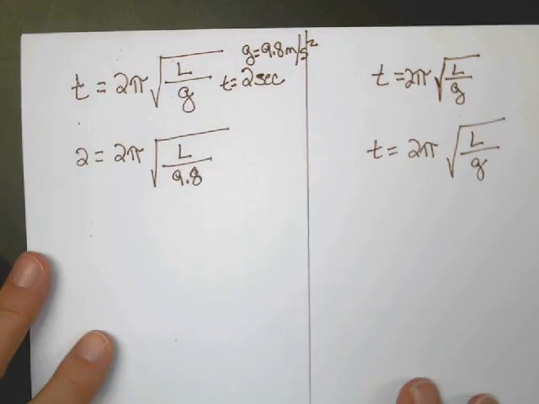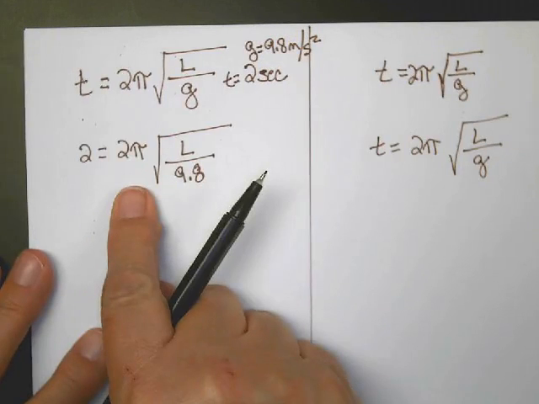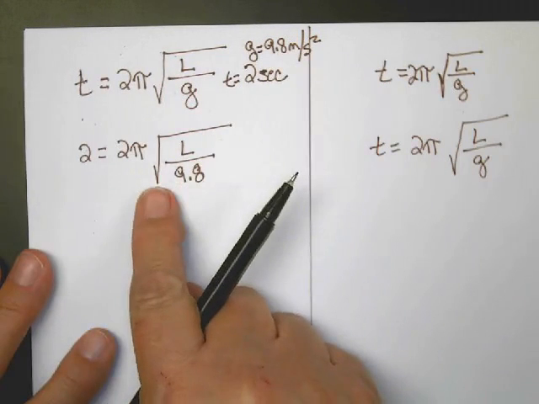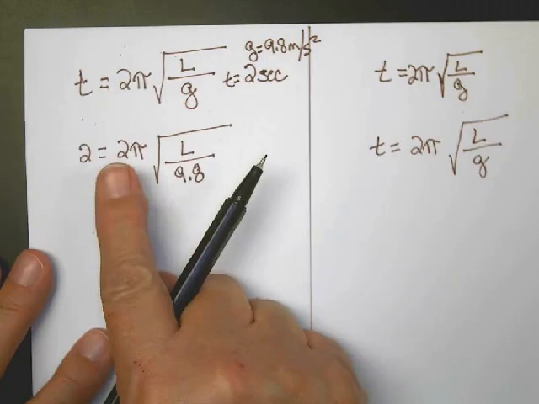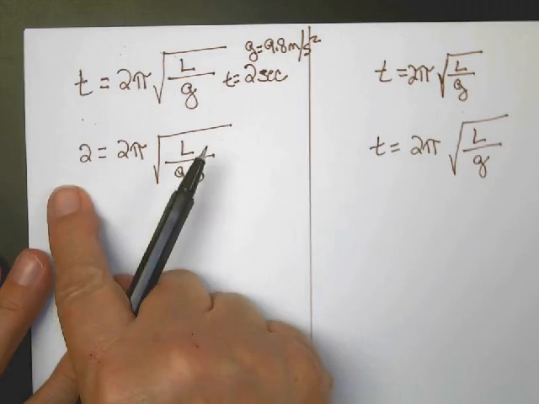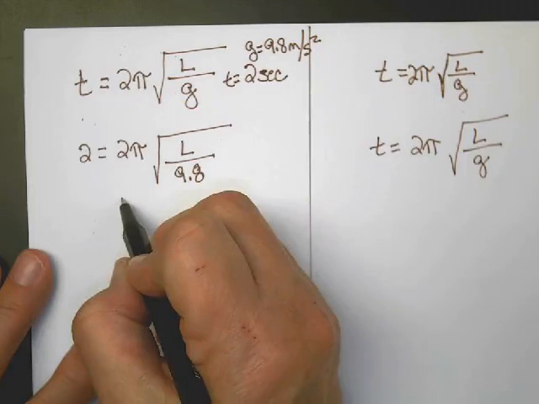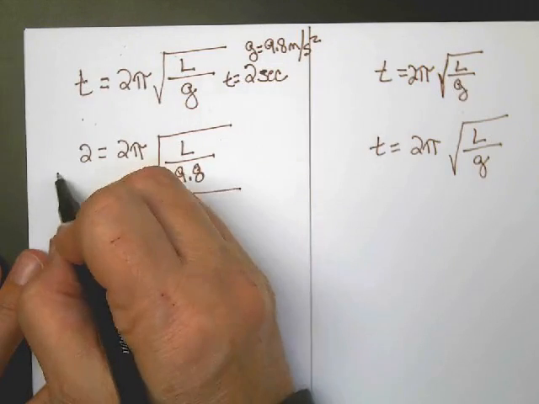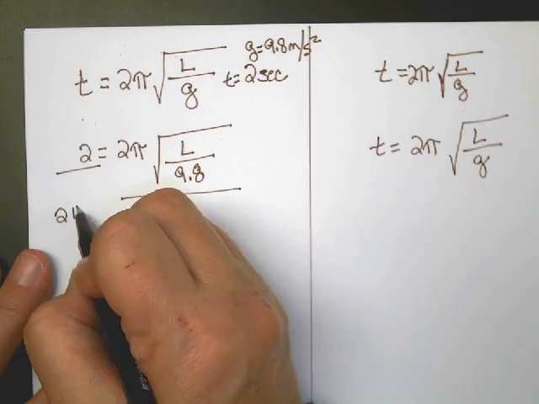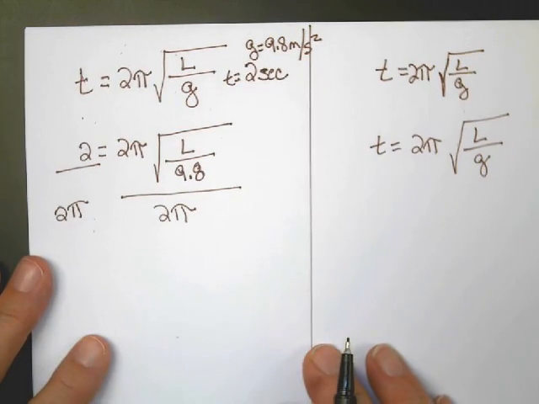So the first thing I'm going to do on this side is I need to isolate this square root. To do that, because I'm multiplying by 2 pi, I'm going to divide by 2 pi. So if I divide that whole thing by 2 pi, again, I have to do it over here because that equality thing says I do.